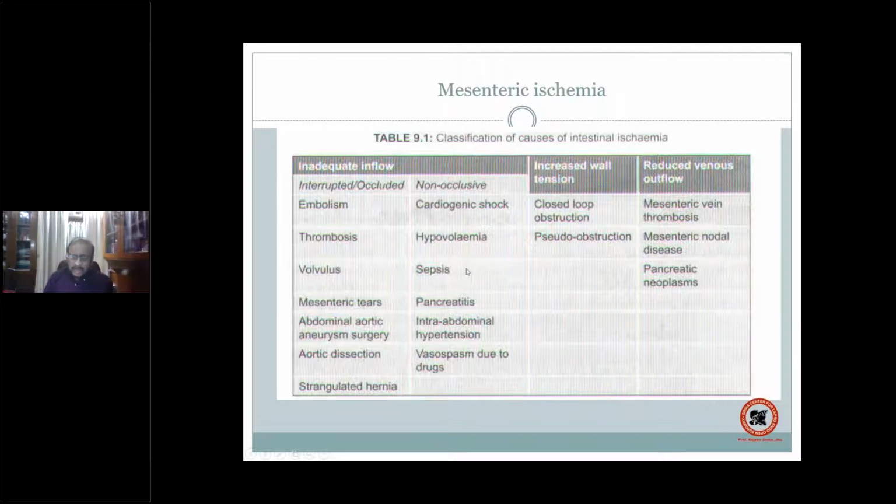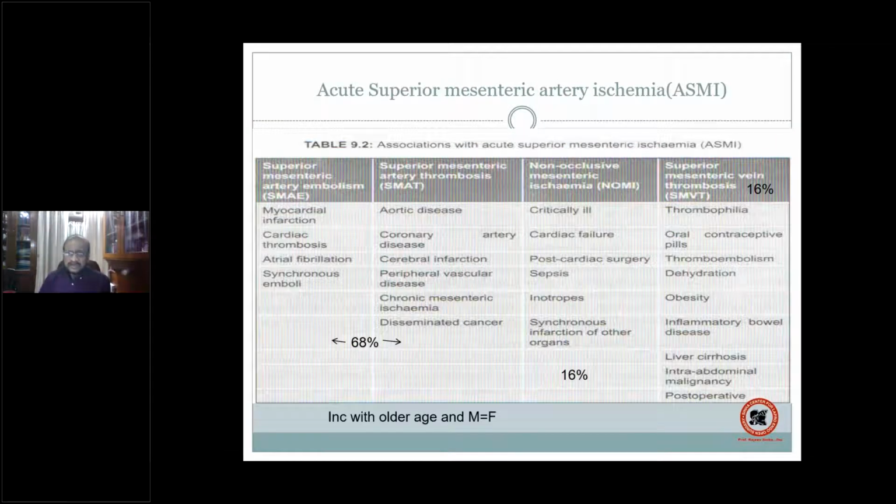Any condition of hypovolemia, where the whole of the vascular compartment has collapsed, so there's not enough blood to be pumping. So what circulation undergoes the first impact? The first impact is always on the capacitance circulation. And as I said earlier, one of the most important capacitance circulations after the skin circulation is the mesenteric or the splenic circulation, right? So these are some of the reasons why you can have mesenteric ischemia.